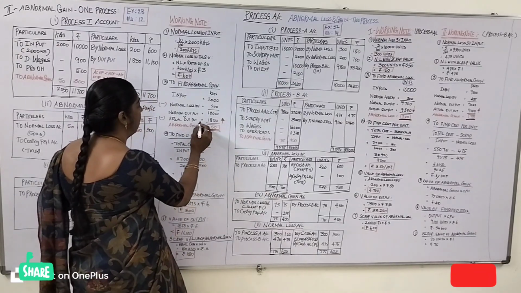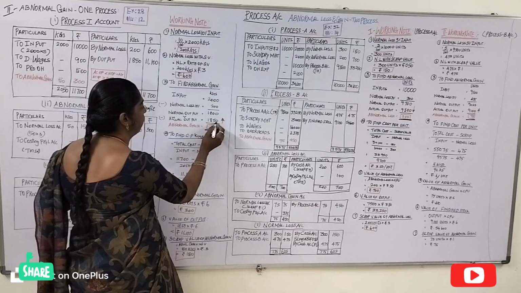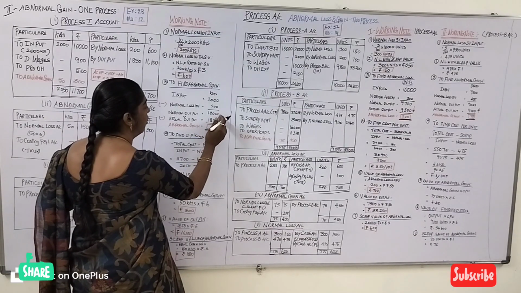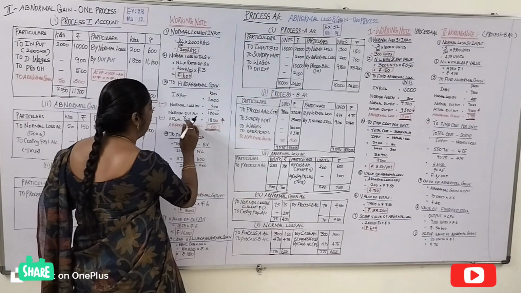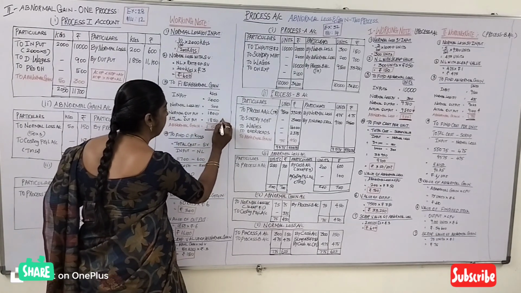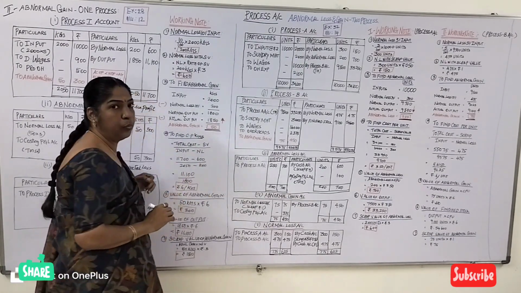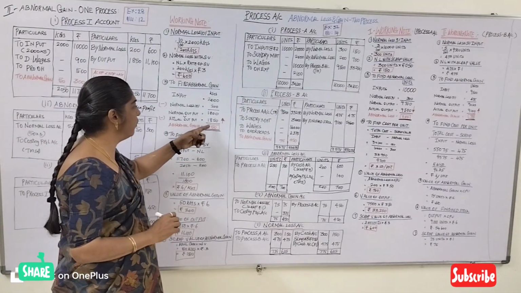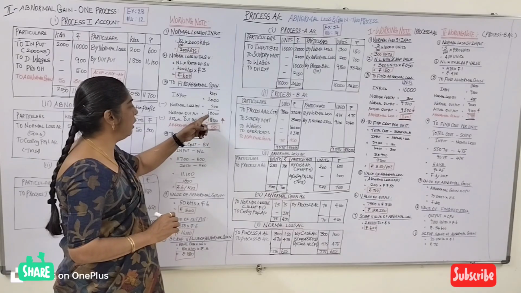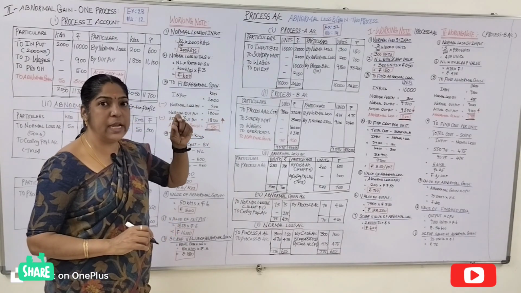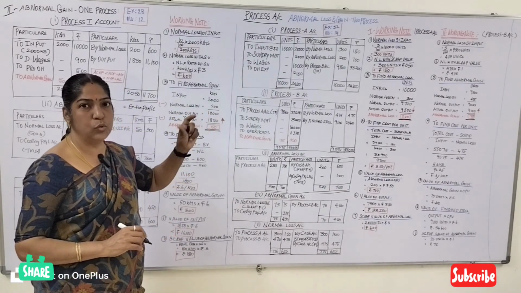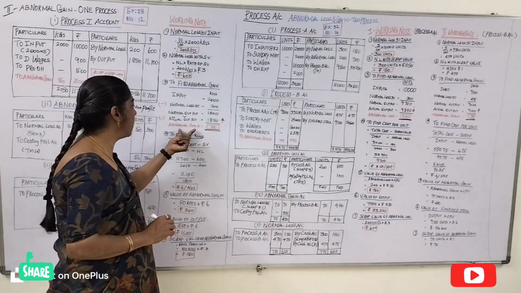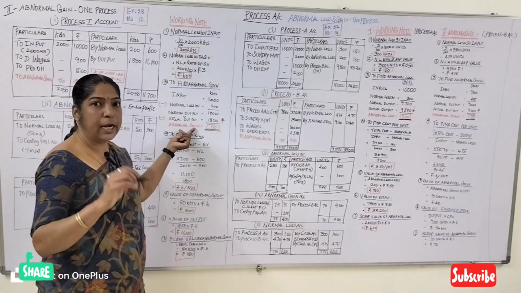Look here. Actual output is 1850, normal output is 1800. So what is the difference?